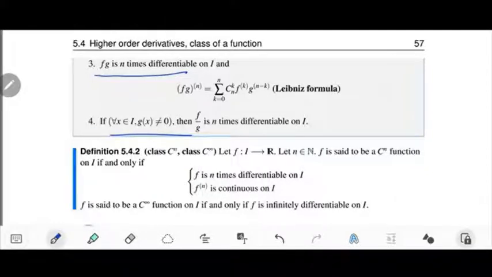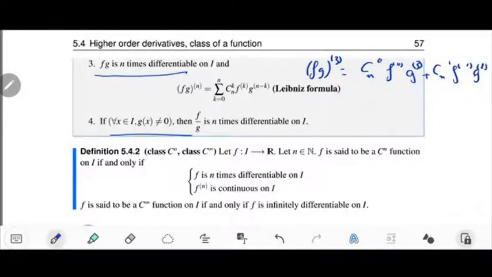So if you calculate the third derivative of fg, it will be c n 0 f 0, so it's f times the third derivative of g, plus c n 1 first derivative of f times second derivative of g, plus c n 2 second derivative of f times first derivative of g, plus c n 3 third derivative of f times g, and n in this case is equal to 3.